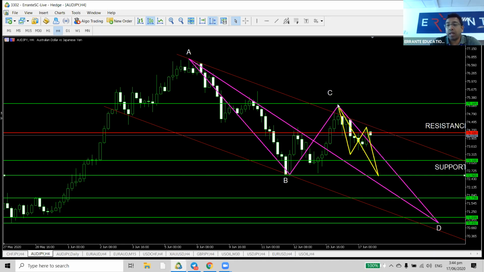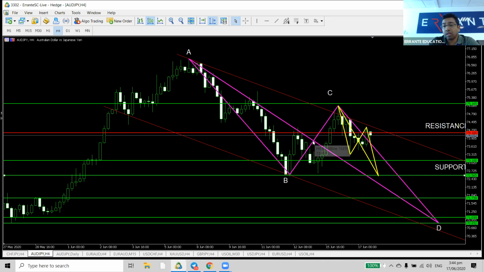Today's move created a yellow ABCD pattern, a baby pattern in yellow that I have drawn. That ABCD pattern in yellow has its own entry area, which is at a centroid at the center of that pattern. Yesterday's pattern, the bigger pattern in purple, has its own centroid area here.